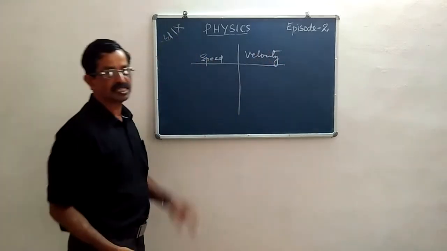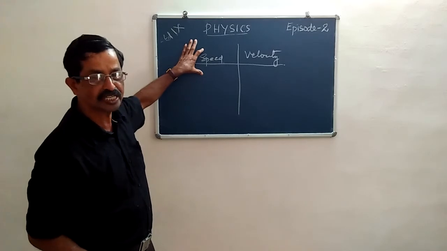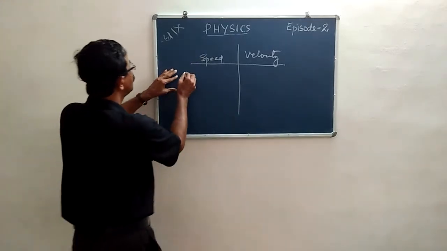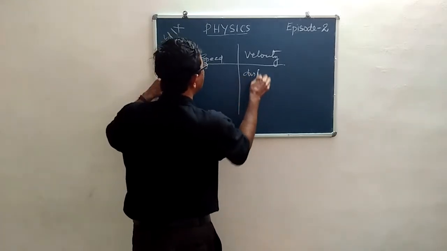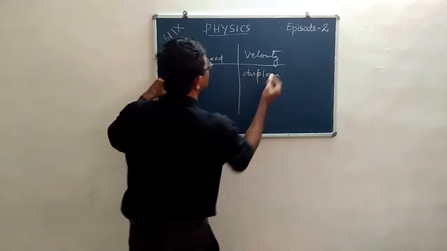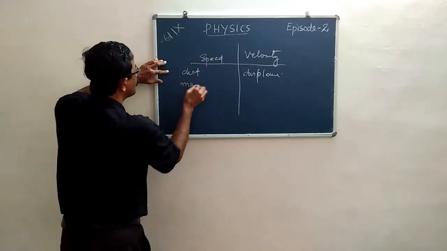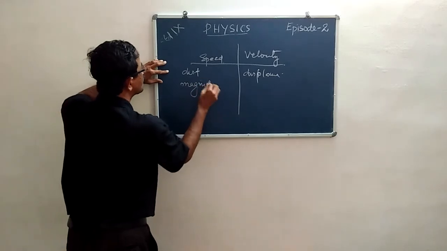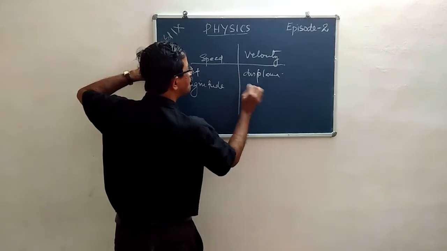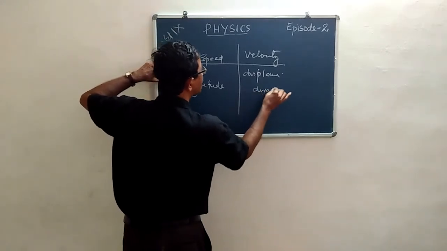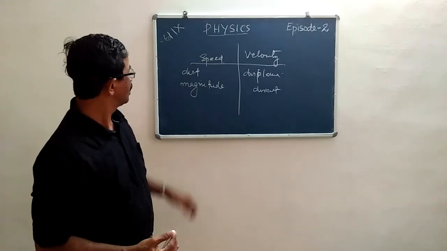What is the difference? Speed is the distance traveled in unit time. Velocity is the displacement in unit time. Speed is only with magnitude. Velocity is with both magnitude and direction.